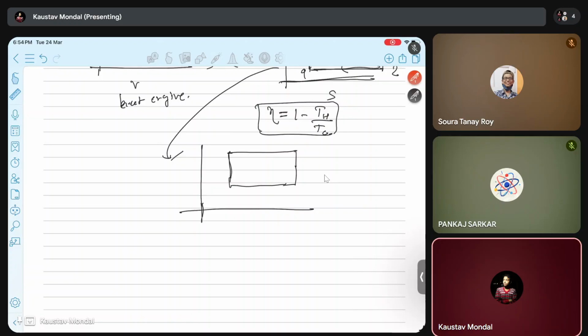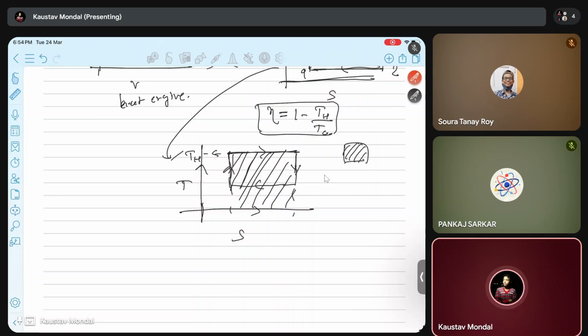For this cyclic process, the Carnot engine, the area covered under the highest temperature TH gives you the Q input, the heat input. And the area inside the curve during the cyclic process, all this being applicable only to a cyclic process, gives you the work done.